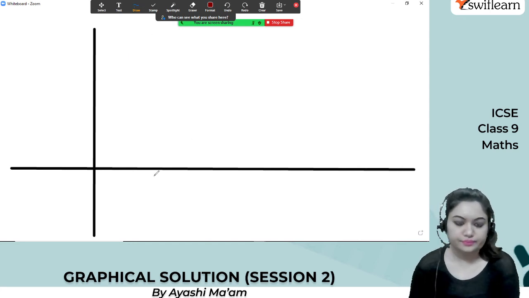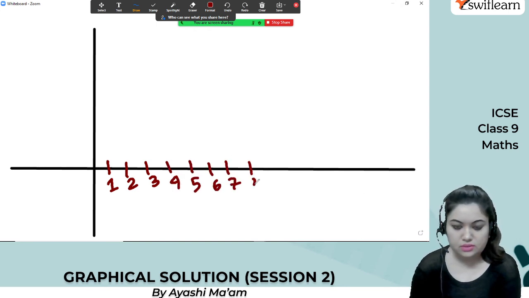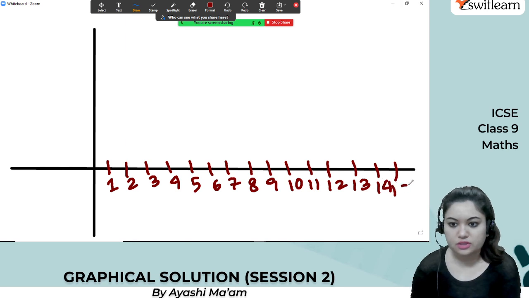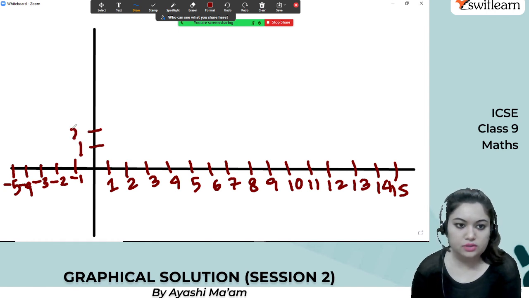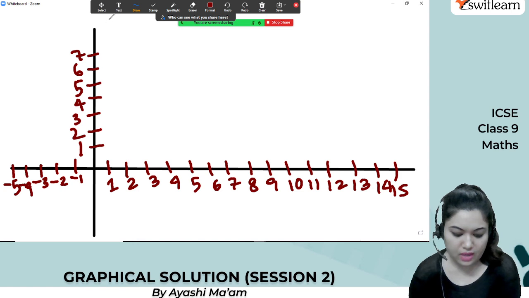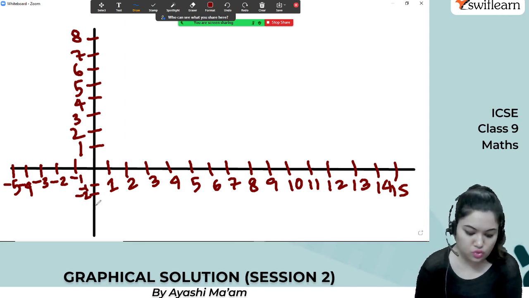Okay, we can take the x-axis like this, 1, 2, 3, 4, 5, 6, 7, and 8. Here let's take it as -1, -2.